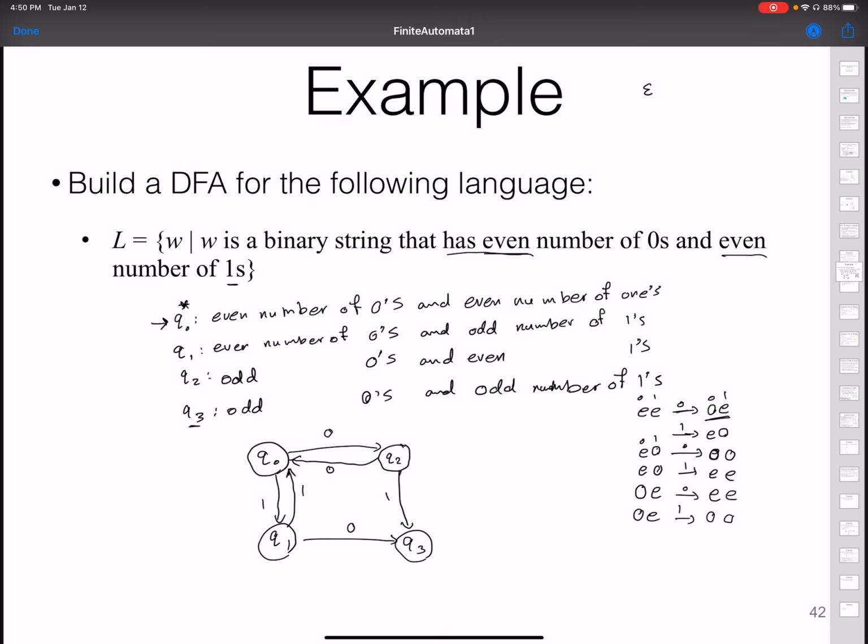At Q3, you are odd number of zeros, odd number of ones. So by seeing a 0, you go to even number of zeros, odd number of ones. I made a mistake here, I think.